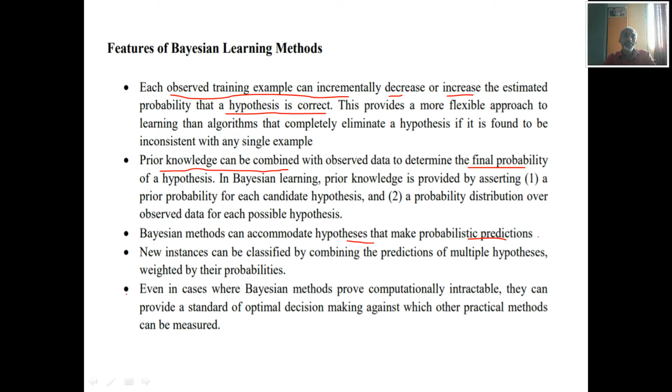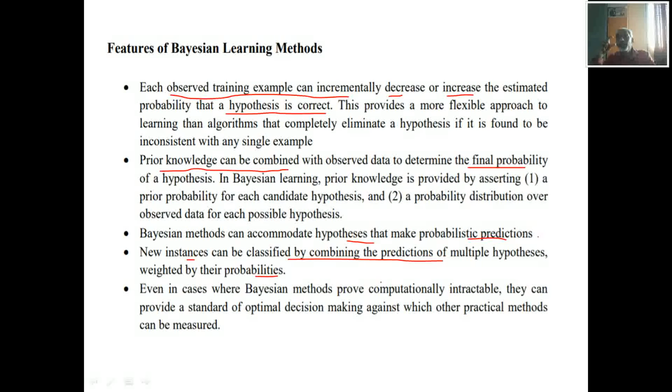Clear? So the next feature is that new instances can be classified by combining the predictions of multiple hypotheses weighted by their probability. So when a new example comes, you can classify this particular example by combining the probabilities of multiple hypotheses.